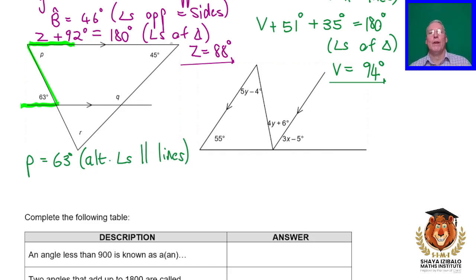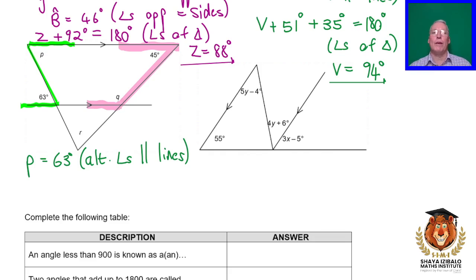What about Q? Well, Q, interestingly, is a co-interior angle with this 45-degree angle. All right, I'm hoping you see that.